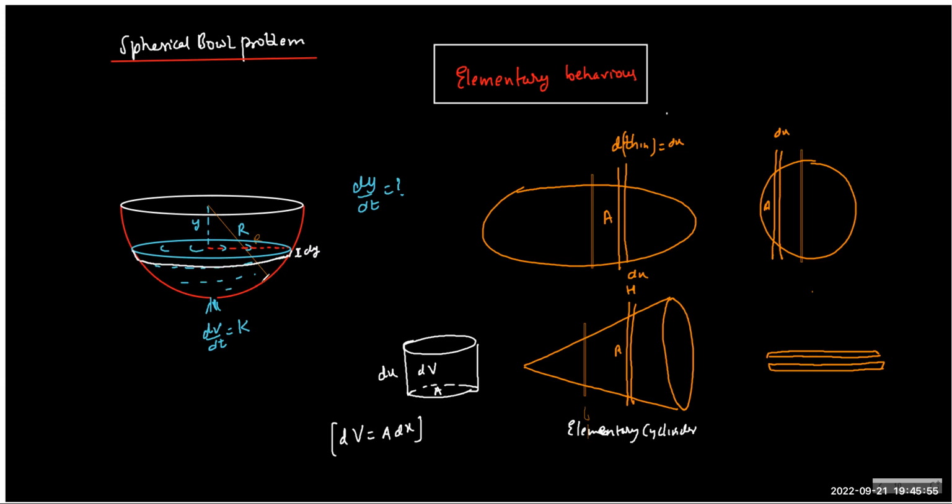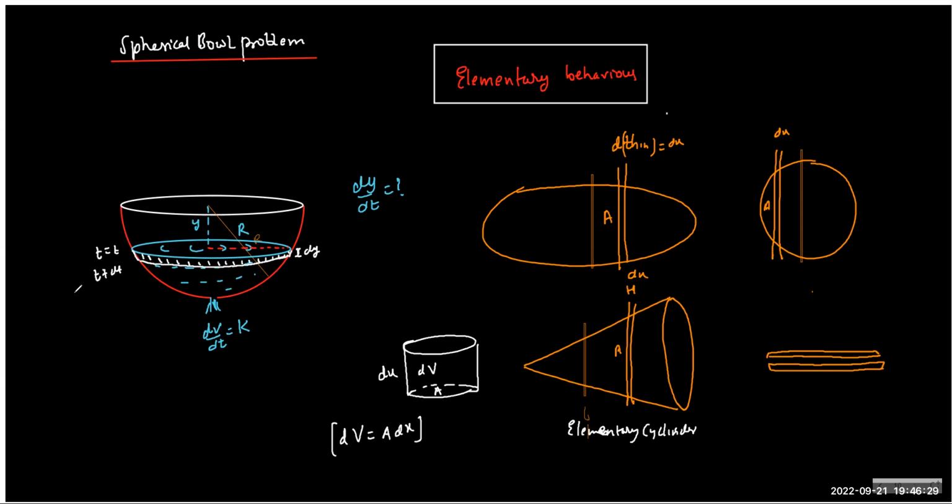So what are we losing? We are losing a volume equivalent of that thin wafer-like cylinder. Aren't we losing this volume? So how much volume did we lose in time dt? Can you guess? A dy. Very good.